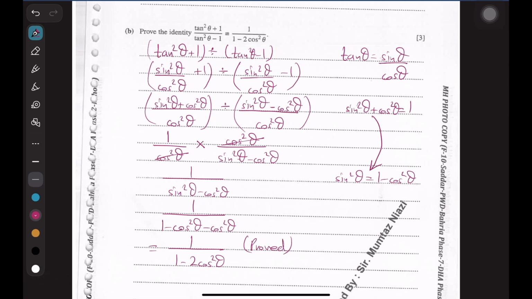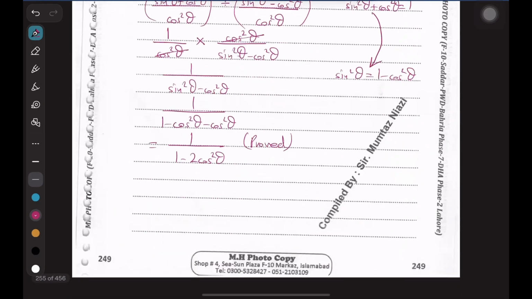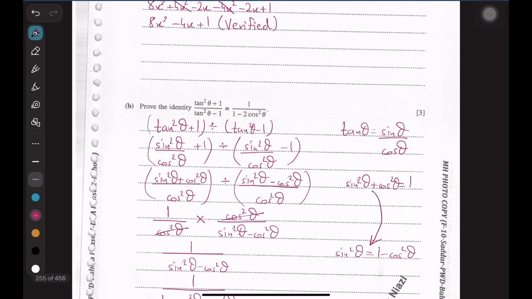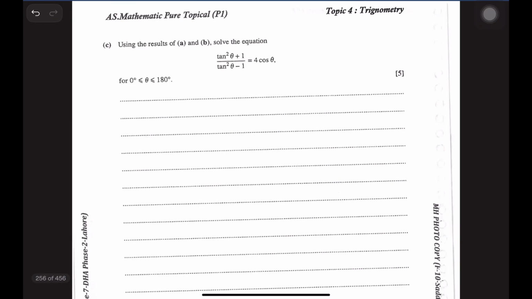Okay, now in the next part, using the results of A and B, again we have to use the results of both the previous parts. Solve the equation tan square theta plus 1 upon tan square theta minus 1. So first thing, that's the same as this, so we can replace tan square theta plus 1 upon tan square theta minus 1 with 1 upon 1 minus 2 cos square theta.